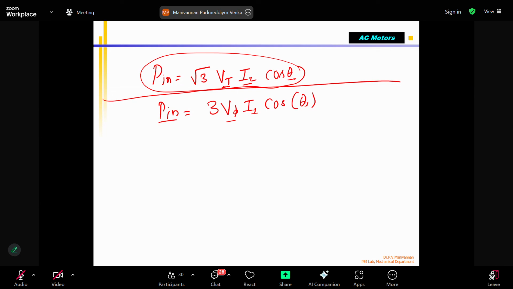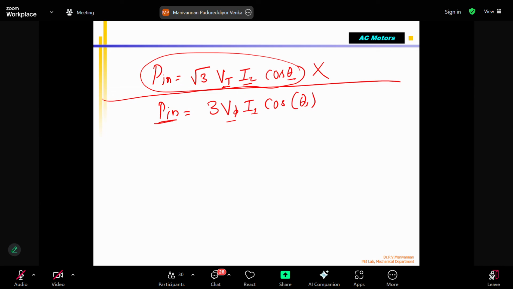That is okay. So this value is given in the problem. Theta 1, V_ph, I_L given, then automatically you can calculate. Right now, for the problem what you are doing, forget about this. We will use this formula for continuity further.